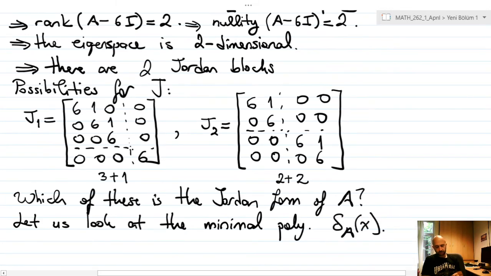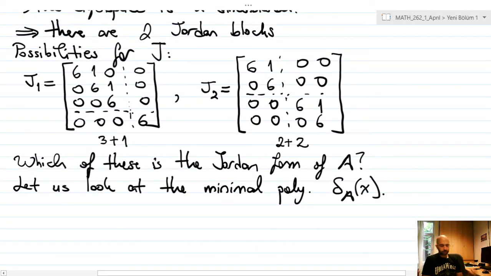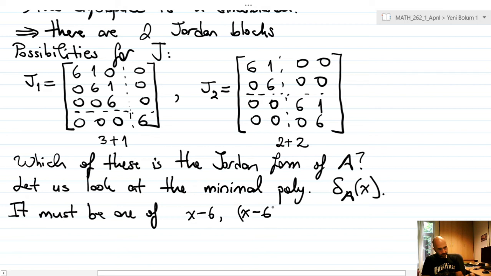Now we know that the minimal polynomial must divide the characteristic polynomial, so it must be one of the following 4 polynomials: either x minus 6, or x minus 6 squared, or x minus 6 cubed, or x minus 6 to the 4.